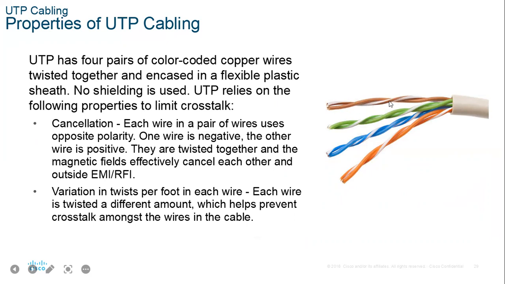Then you have the one that has brown with a white stripe. So I normally say brown, white, green, white, blue, white, and orange, white. UTP has 4 pairs of color-coded copper wires twisted together and encased in a flexible plastic sheath. No shielding is used, so this is unshielded.